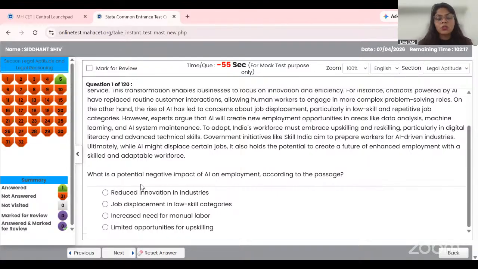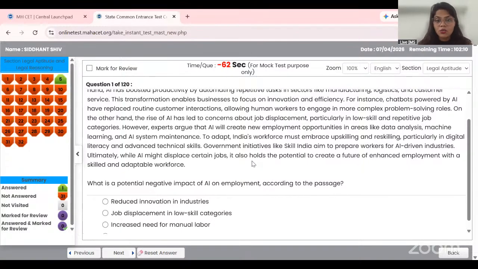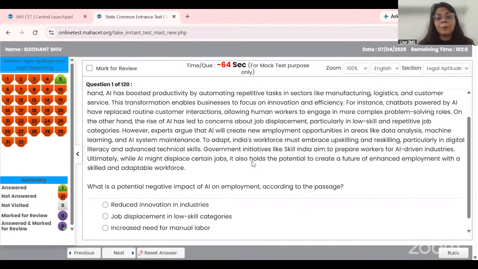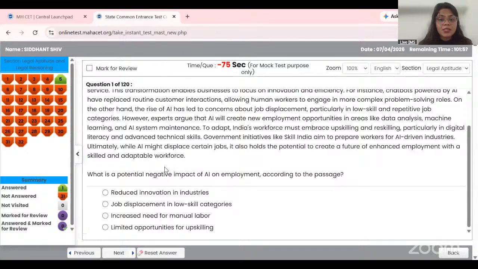Now the next question would be, what is a potential negative impact of AI on employment according to the passage? So when we talk about the potential impact, AI has led to concern about job displacement, particularly in low skill and repetitive job categories. This is the problem that is getting highlighted in the passage.